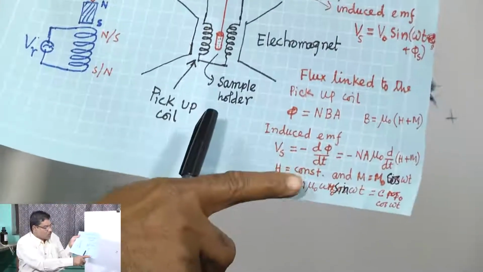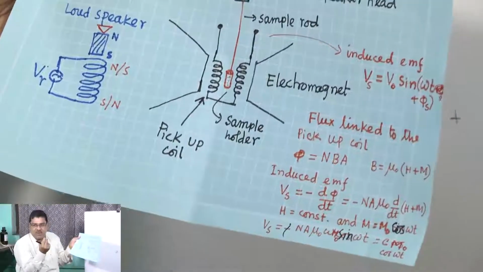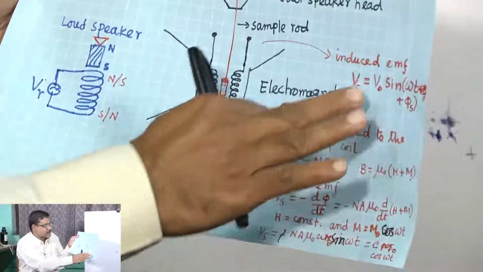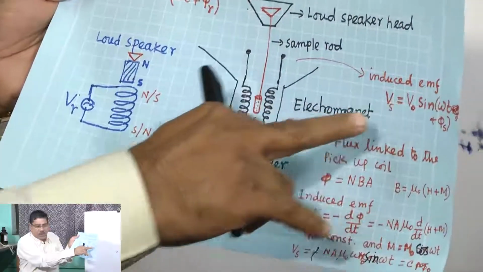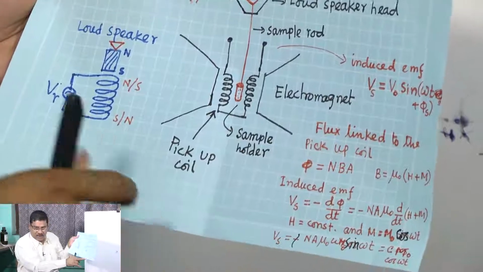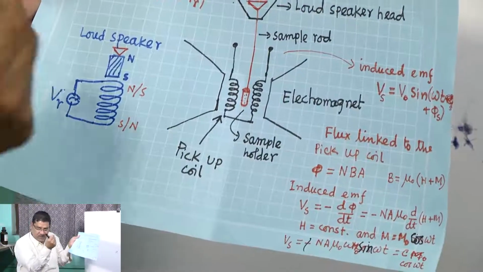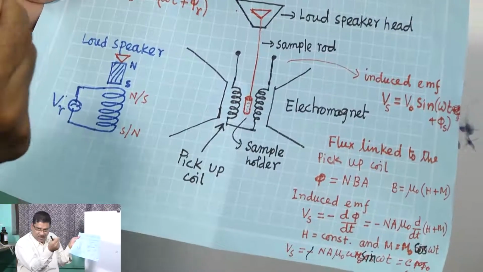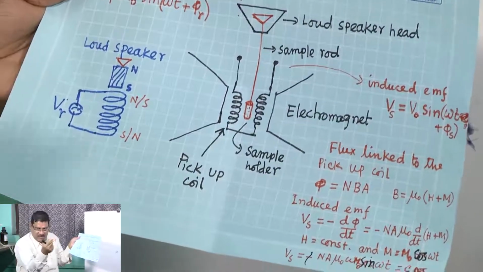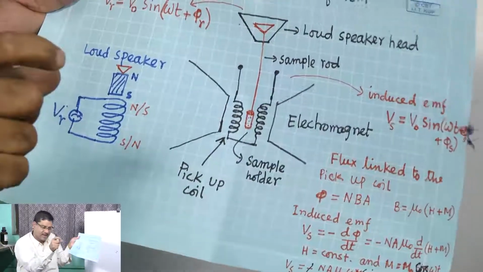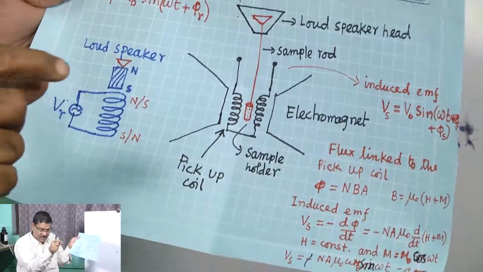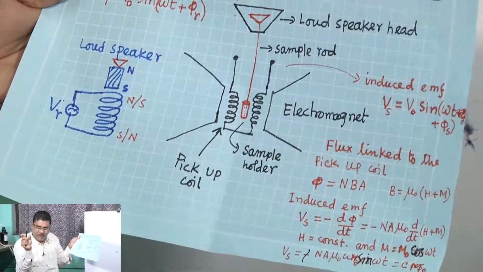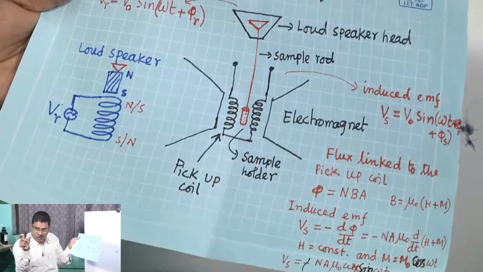Okay. So, generally we use a known sample, nickel sample, to calibrate this voltage and the magnetization. For a known sample, nickel, if I know the saturation magnetization of that sample, I will put that sample first, and I will note down the corresponding signal voltage.